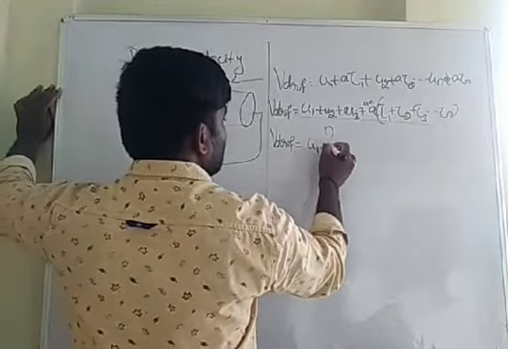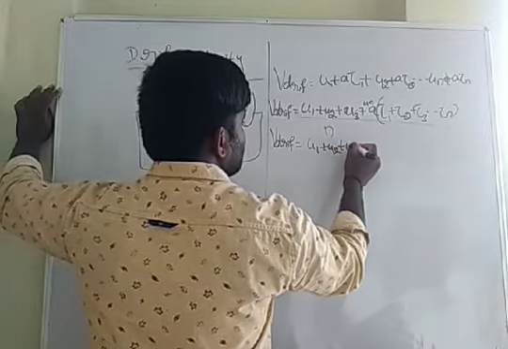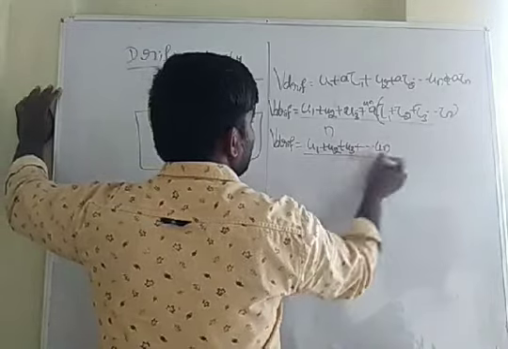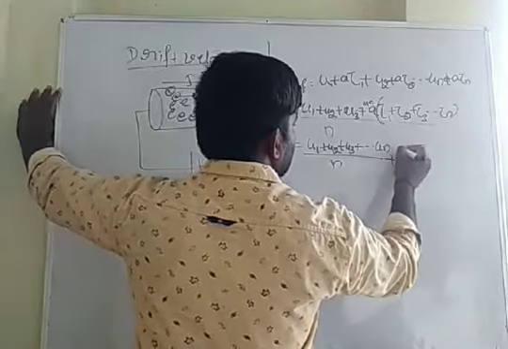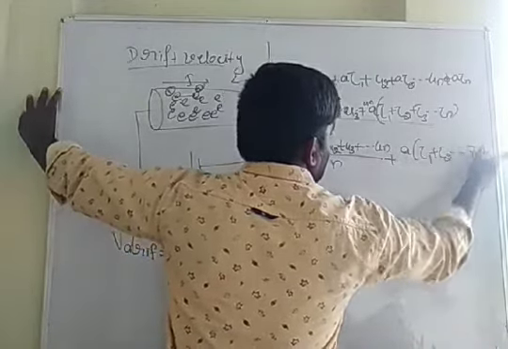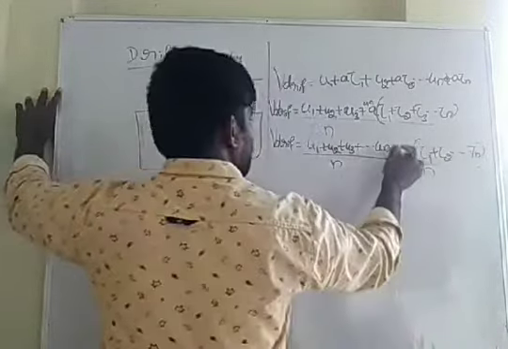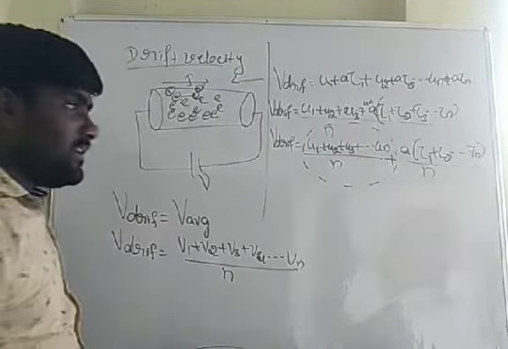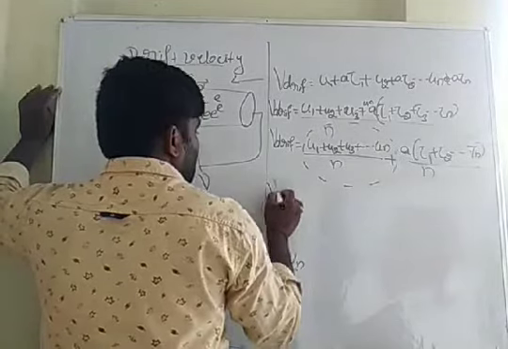I am writing (u1 + u2 + u3 + ... + un) divided by n, plus a times (tau 1 + tau 2 + ... + tau n) whole divided by n. This whole term becomes 0 because of the randomness of electrons.